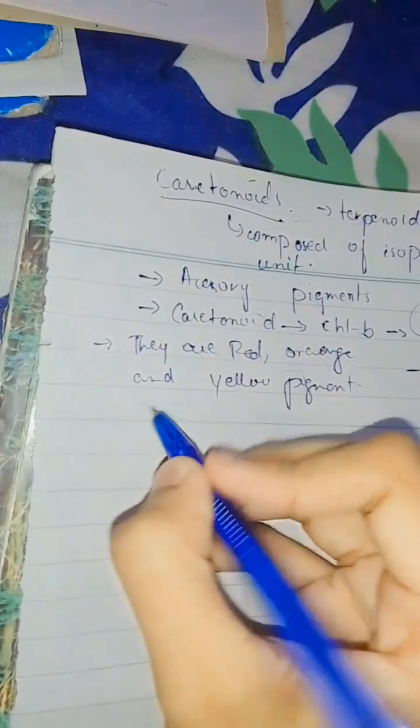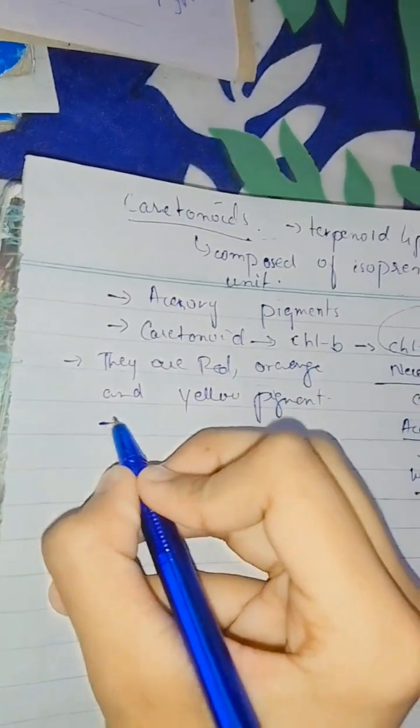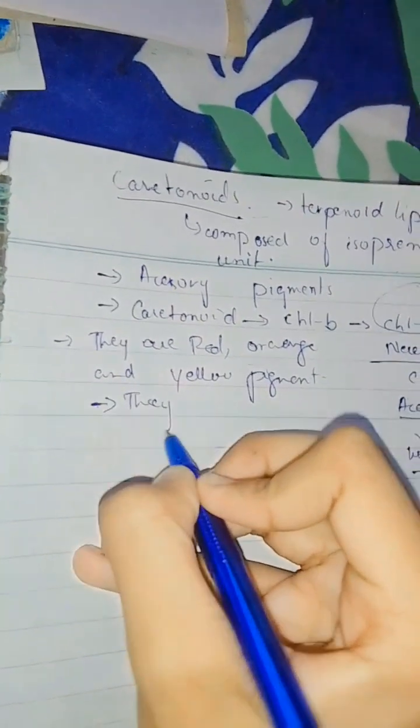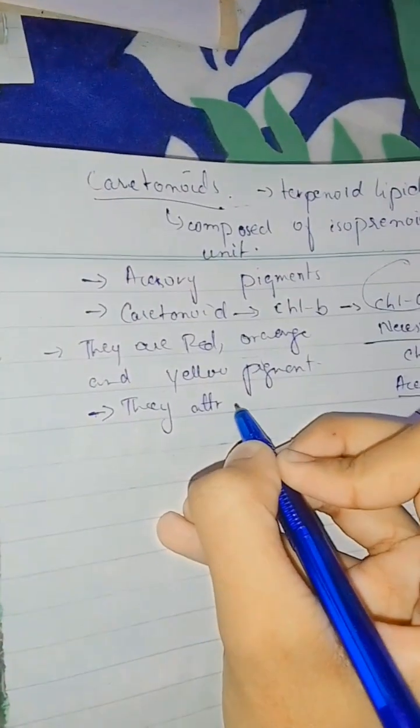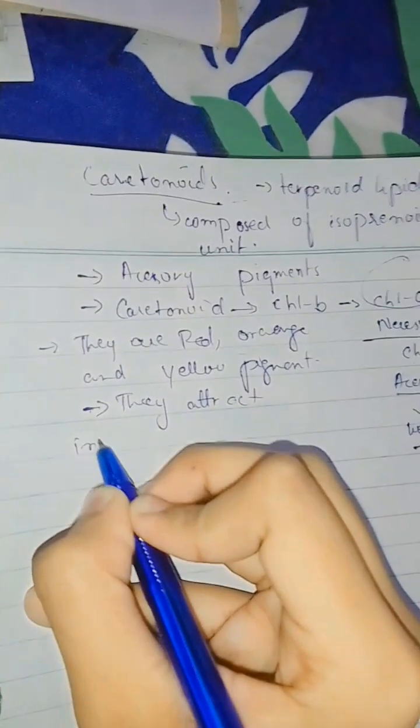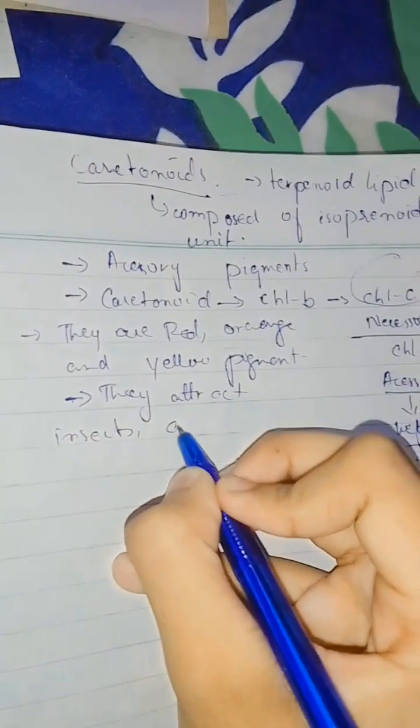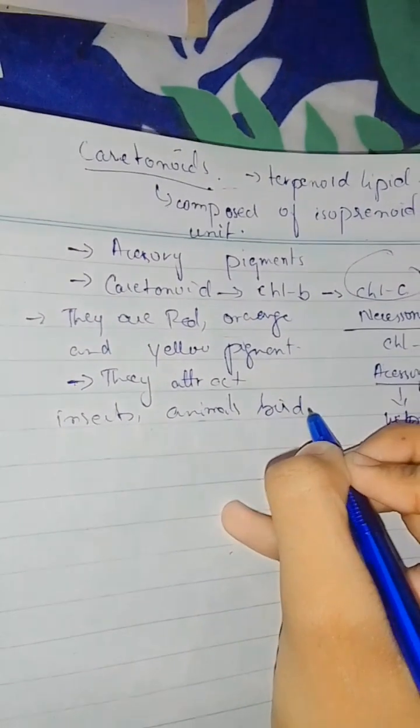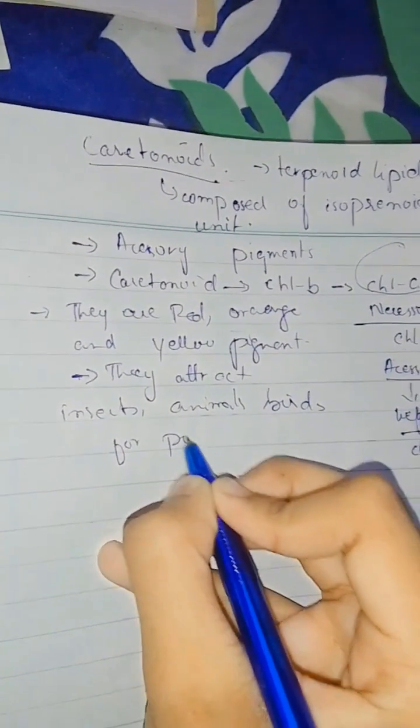Carotenoids are made up of these three colors, and for pollination they attract insects, animals and birds.